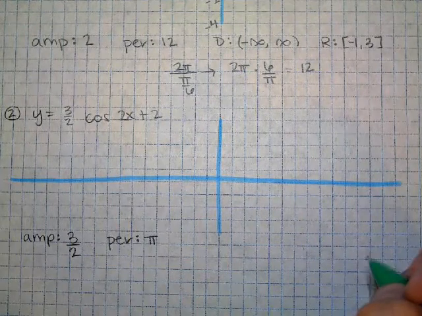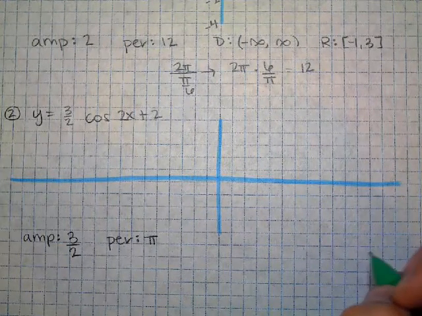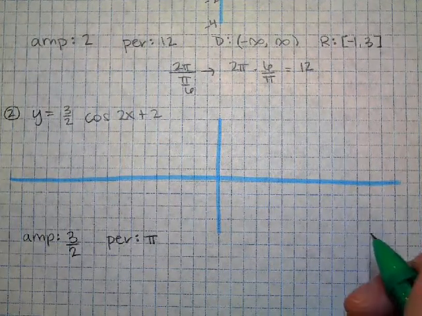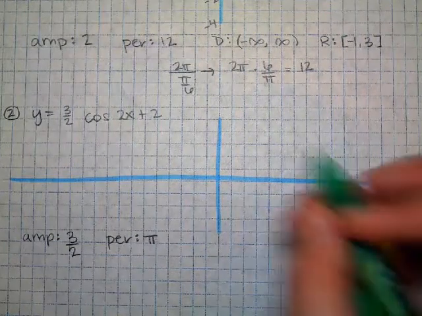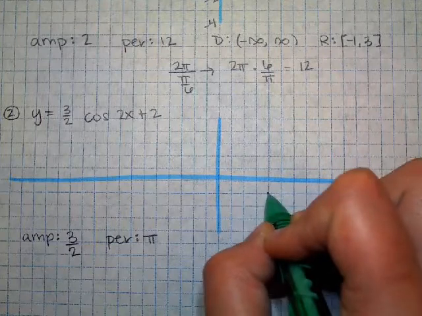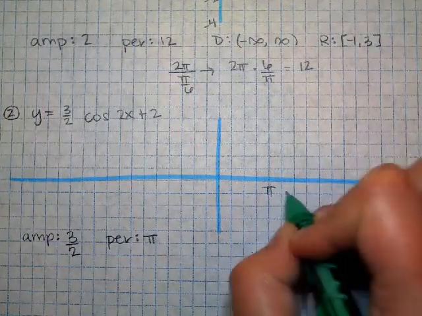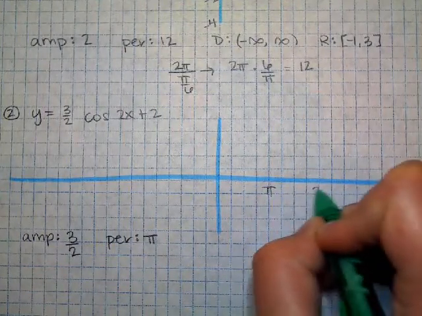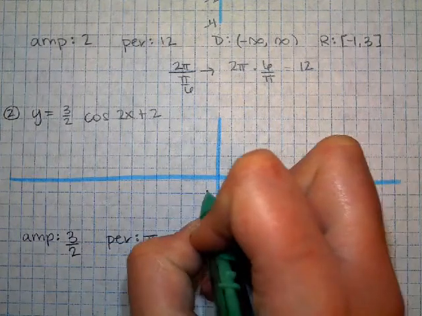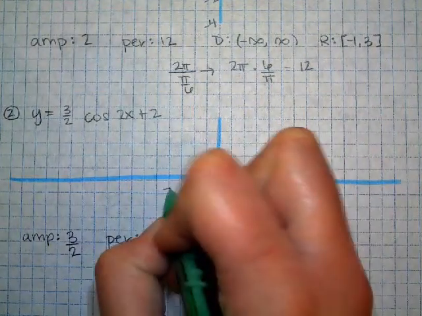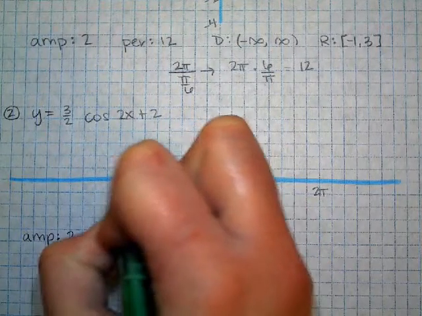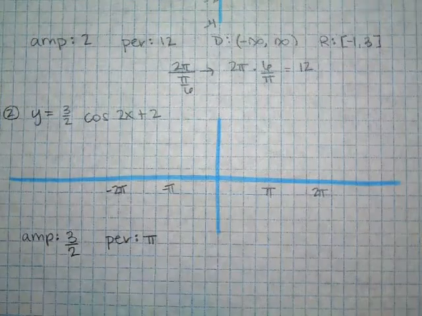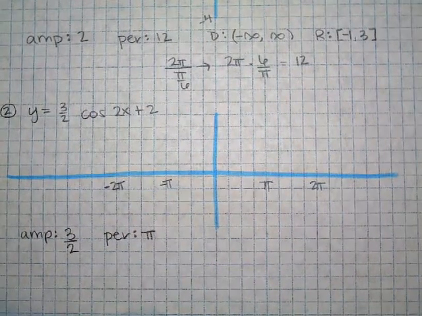400? That's too many. 4, 8, or 12? 4. I heard 4. 1, 2, 3, 4, pi. 1, 2, 3, 4, 2 pi. Okay. So we've got an amplitude of 3/2.